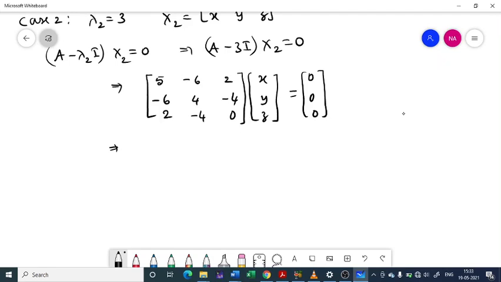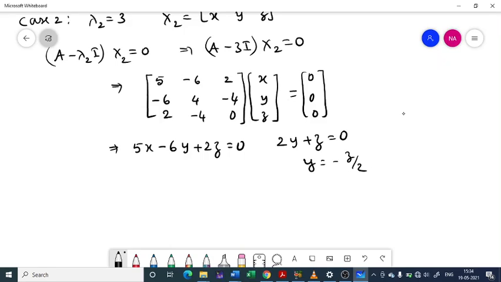You can multiply both the sides, then simplify this. You will be getting 5x minus 6y plus 2z equal to 0 and then 2y plus z equal to 0. And from this 2y plus z equal to 0, y will be minus z by 2.